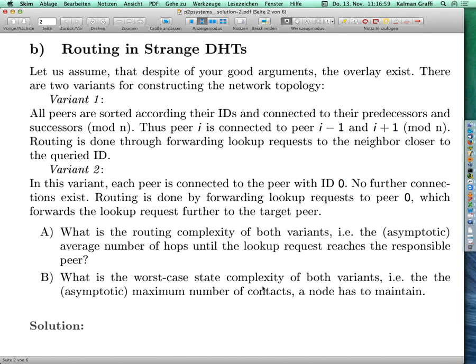What is here the routing complexity? How many hops do you need to connect to any other node?